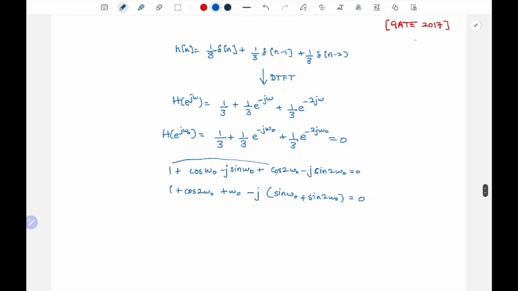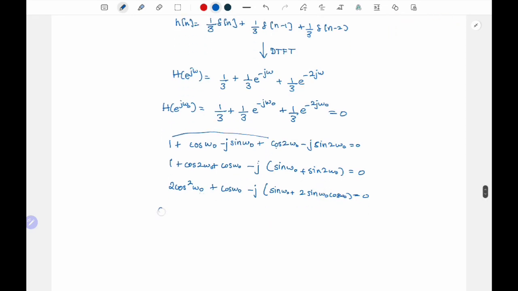And 1 plus cos 2 omega naught, I can write as 2 cos square omega naught, plus this is cos omega naught, minus j into sine 2 omega naught, I can write as 2 sine omega naught cos omega naught, equal to 0. So now I can take cos omega naught common here.